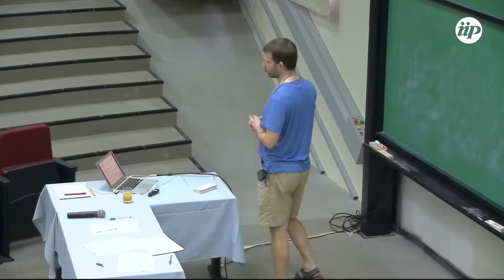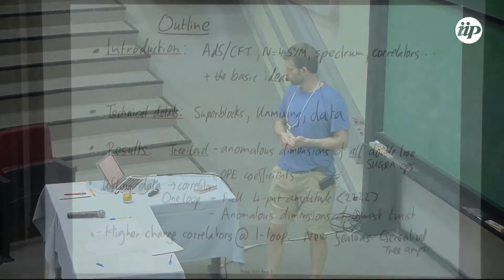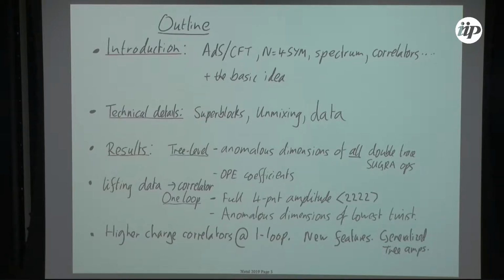Details, first of all, being superblocks, unmixing of different operators of the same quantum numbers. Along the way, we'll get a lot of data, a lot of anomalous dimensions and three-point functions, which aren't strictly needed in order to calculate the 2222 1/N^4 correlation function, but they're a very nice byproduct.